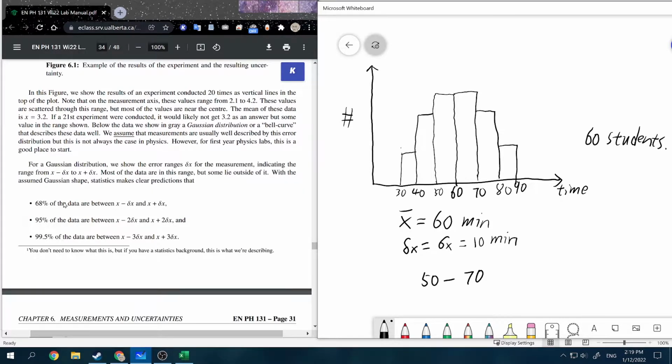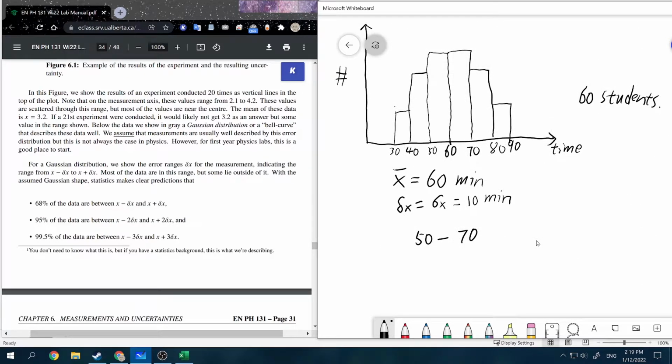70 minutes, 68% of students are going to lie within this time range. If you want to calculate, it is 60, the total number of students, times 0.68.